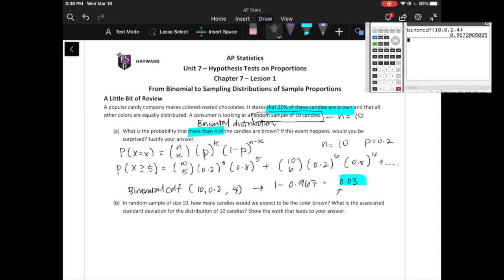This percentage is really low. So if we get 5 or more brown M&Ms, I'd be surprised.